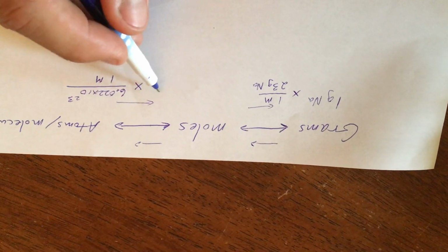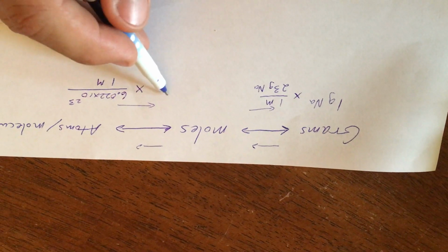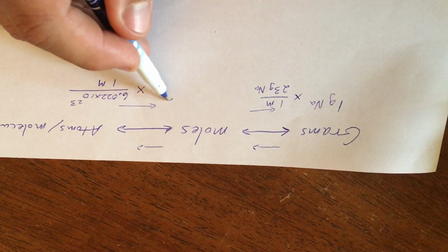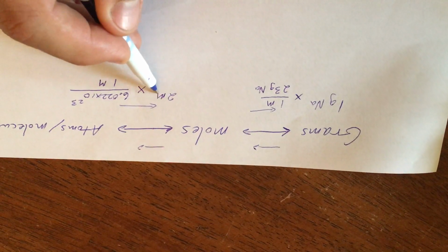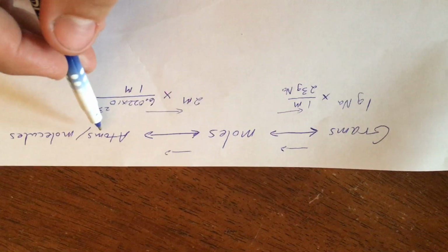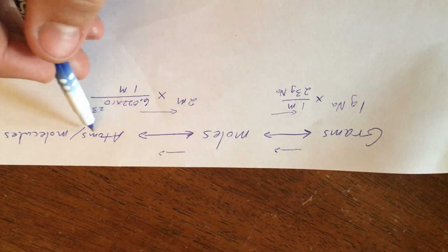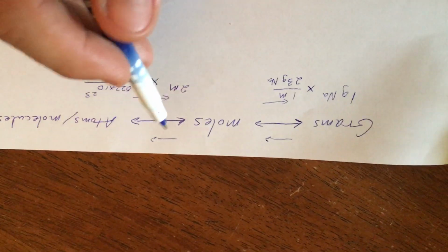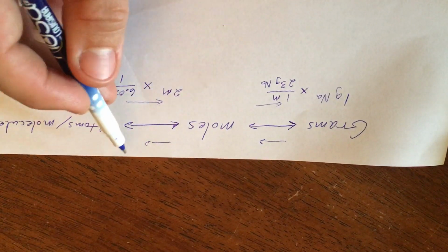If you had 2 moles of whatever, you can multiply by Avogadro's number. If you need to go the other way, to figure out how many moles you have based on the number of atoms or molecules, you divide by Avogadro's number.